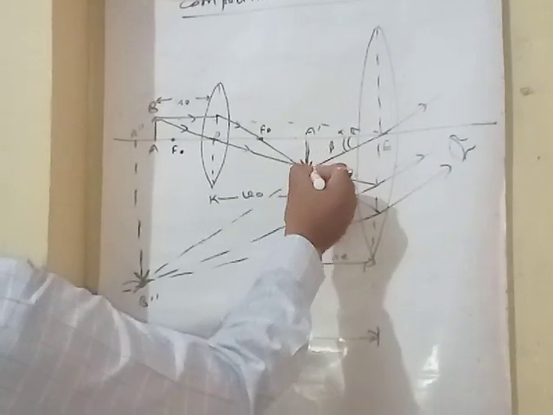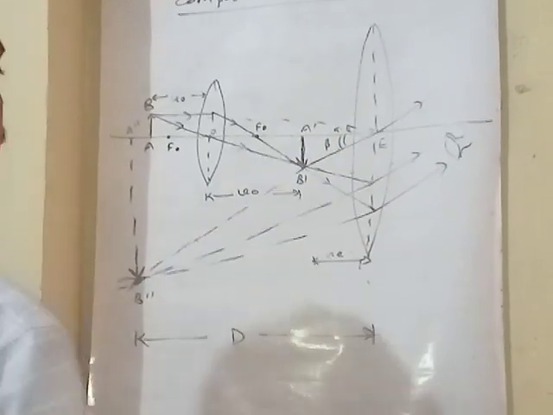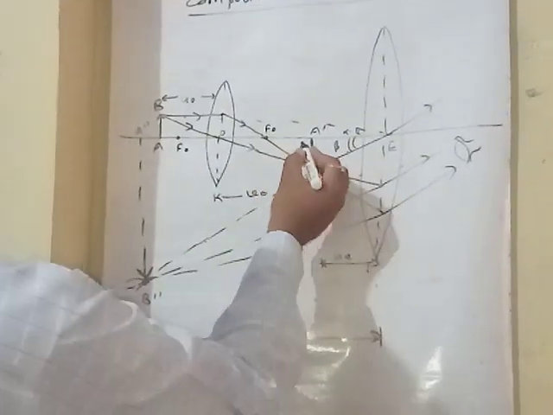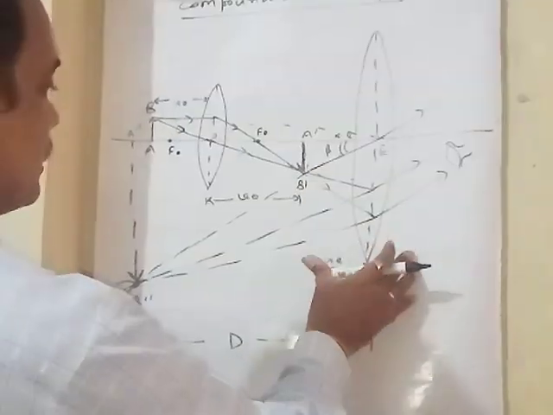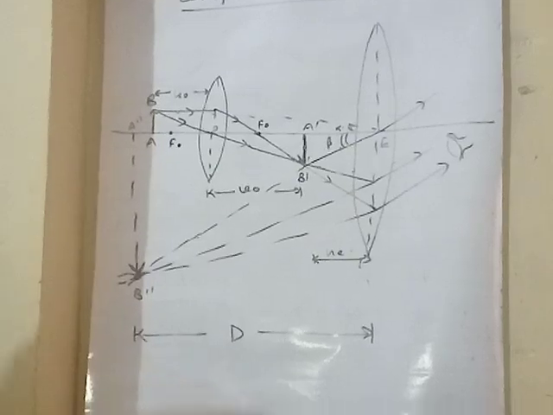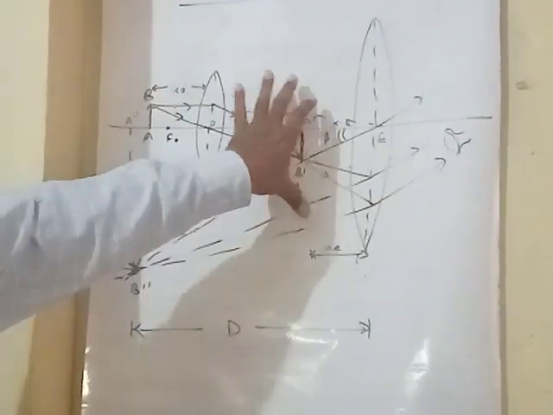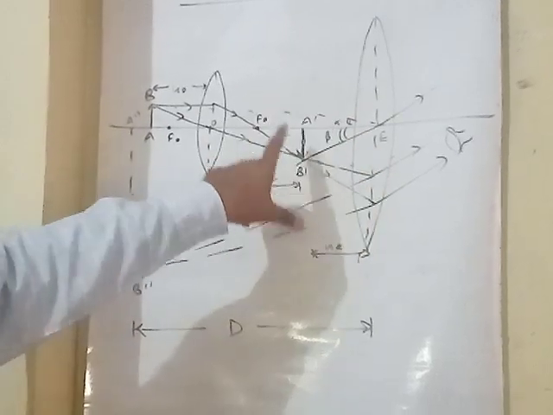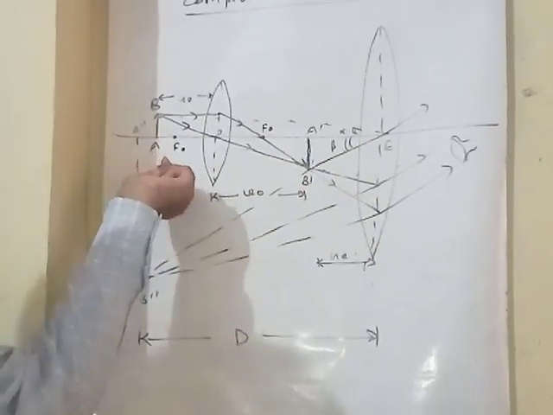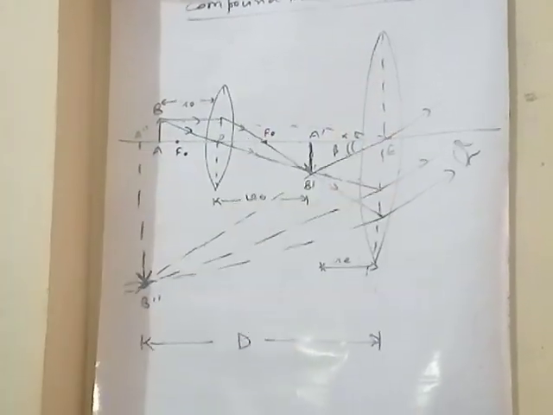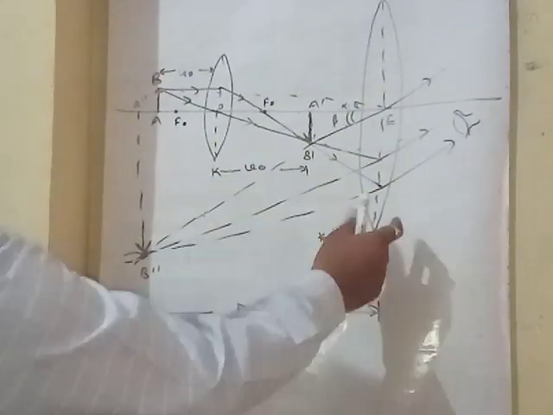But this tiny image A dash B dash, the magnified image of the small object AB, again serves as the object for the eye lens.